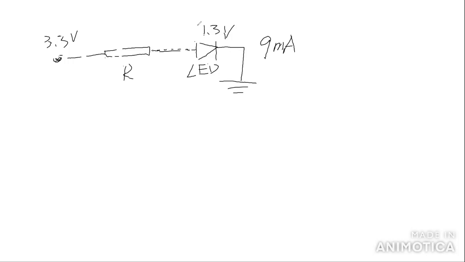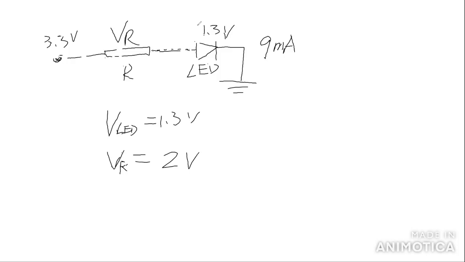So in this case, if V_LED is equal to 1.3 volts, then V_R is equal to 2 volts, because the total voltage is 3.3. V_R means the voltage over the resistor. So V_R is equal to 3.3 minus 1.3, which is 2 volts.